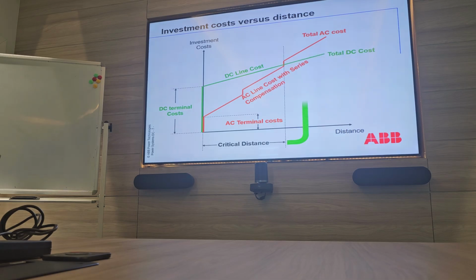And here, this is just to compare when we prefer AC transmission and when we go with DC transmission. It is investment versus distance. This is what we call the critical distance.